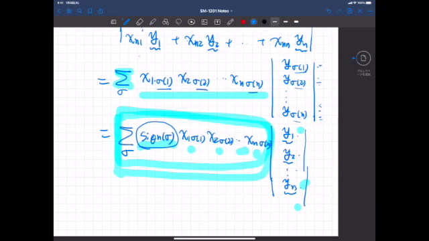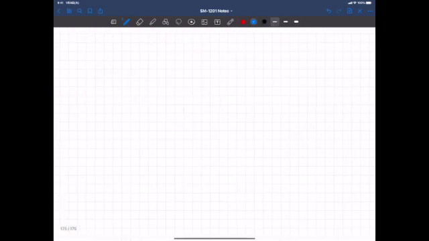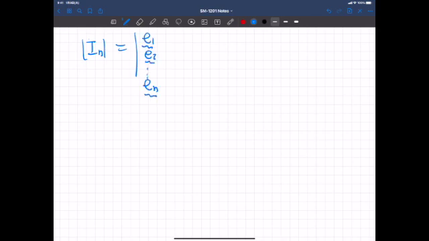Now, let's see. First of all, the identity matrix can be expressed as this, E1, E2, and En. And its determinant is 1, as we have seen before.